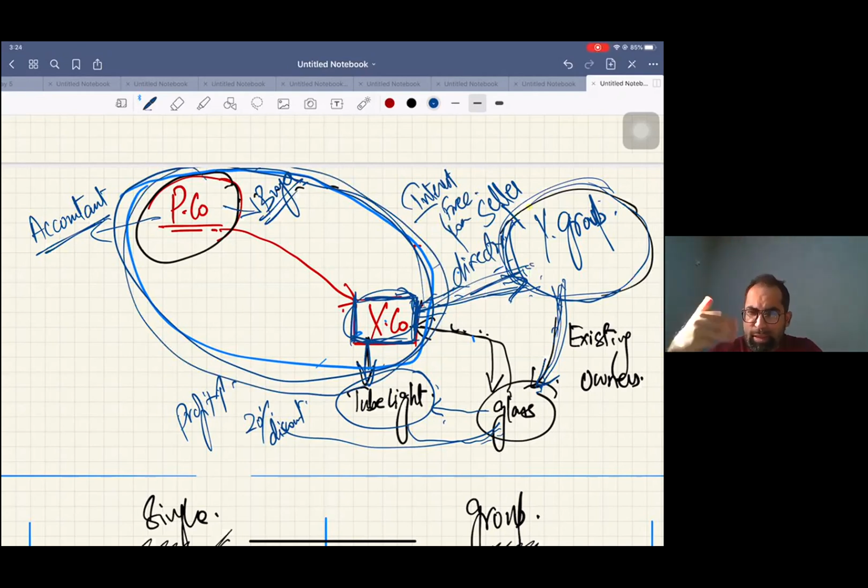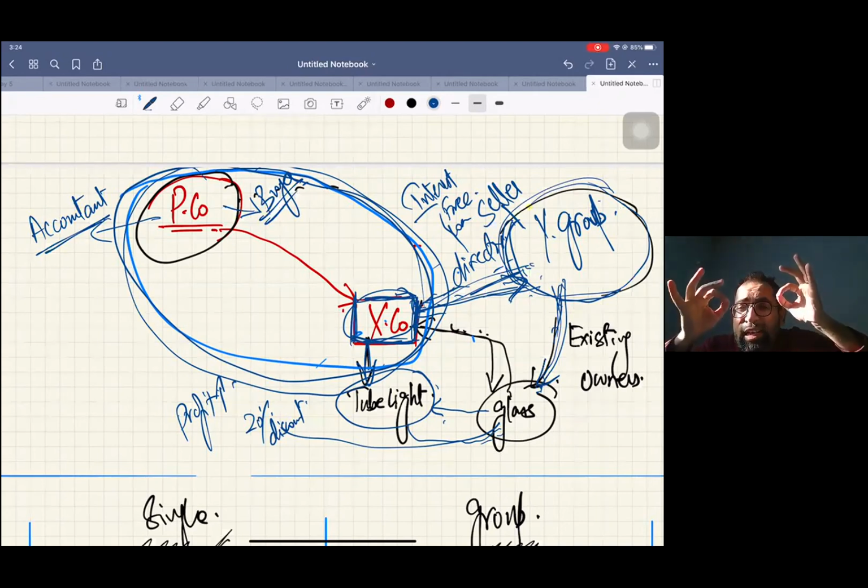Third thing, I'm giving you ideas of how in practical life you deal with situations. You are buying a running business of a company. There is a possibility that X company is highly dependent on a few employees, like hospitals.